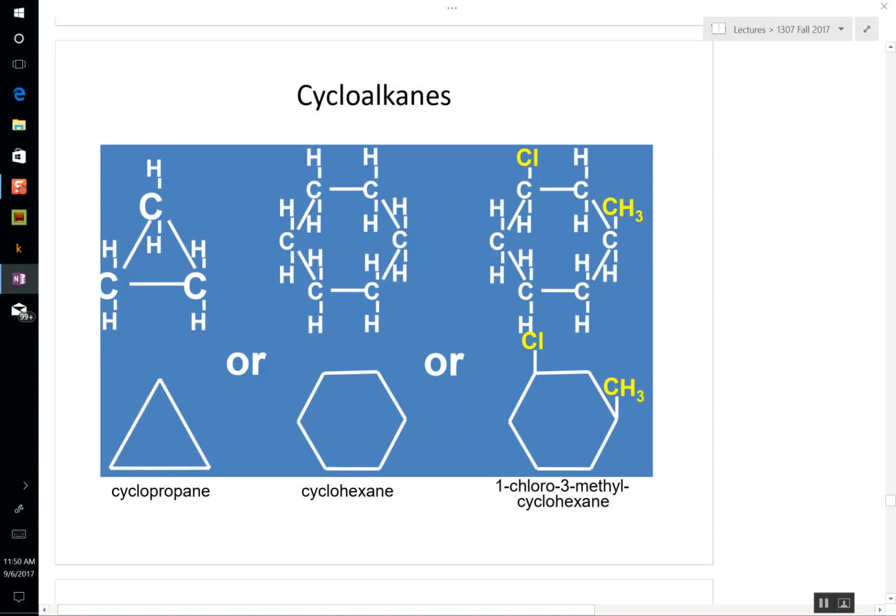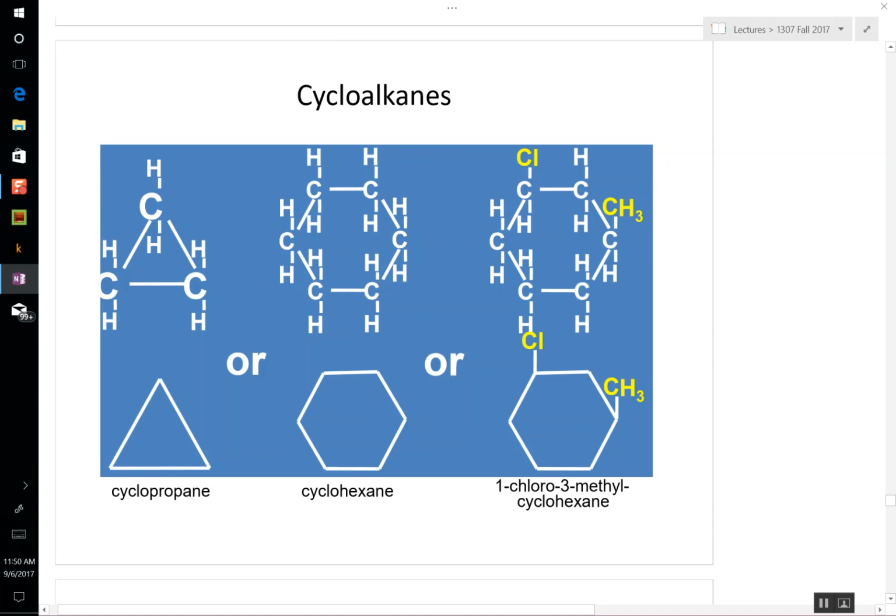With 4 of them, you get to 90 degree angles. 5 of them, you can actually get back to the tetrahedral angle. 6 of them is very comfortable. So cyclohexane is a very common solvent in the organic laboratory.